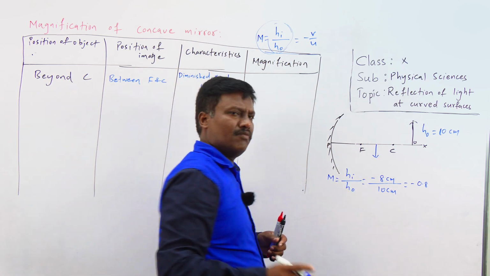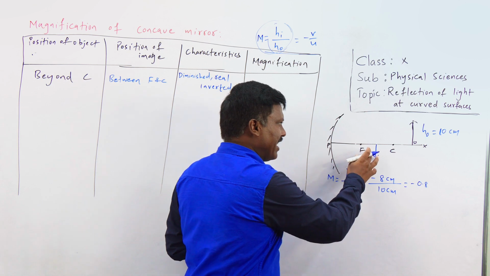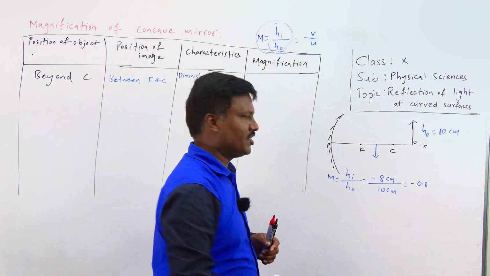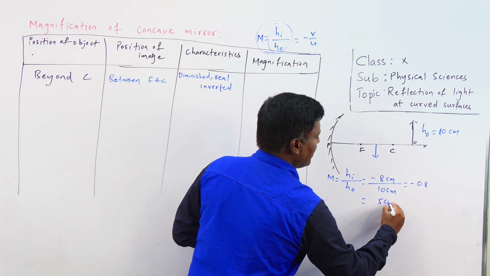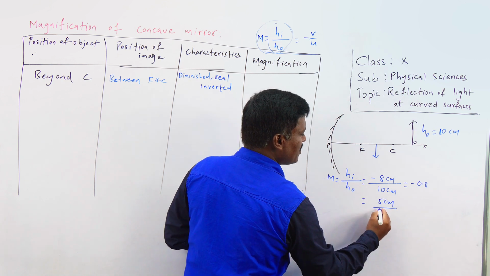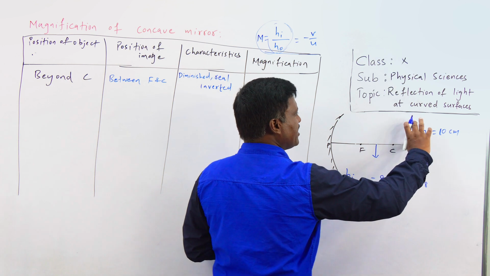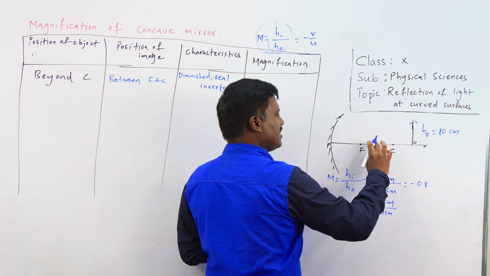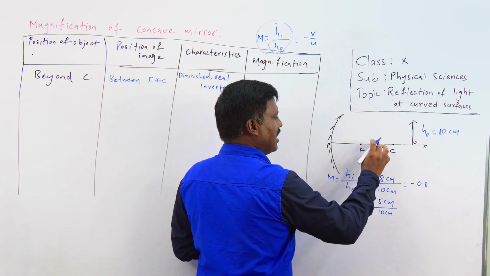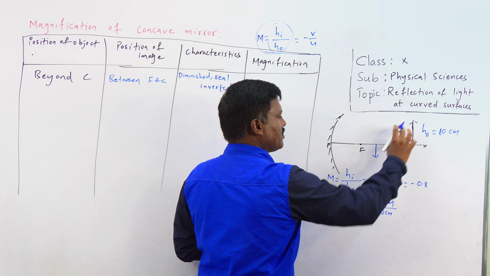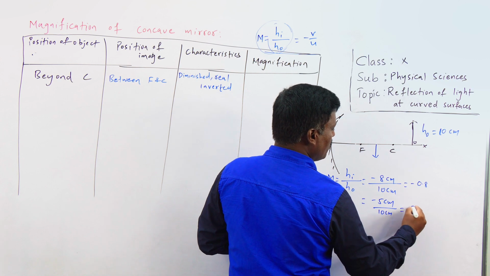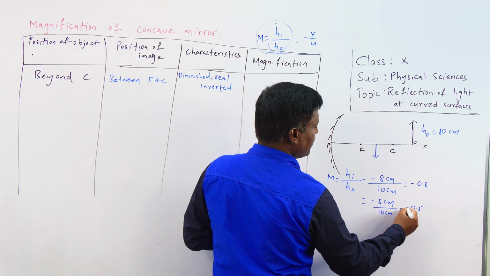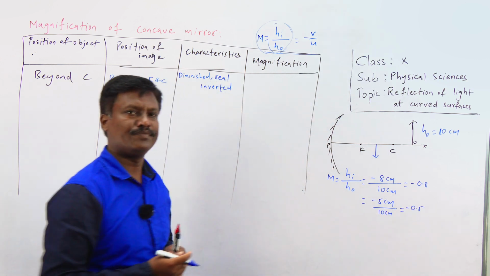Or one of the students said 5 centimeters. The height of the image is 5 centimeters and the height of the object is 10 centimeters. According to sign convention this is positive, this is negative. I take negative. So 5 by 10 is equal to how much? 0.5, minus by plus, minus 0.5.